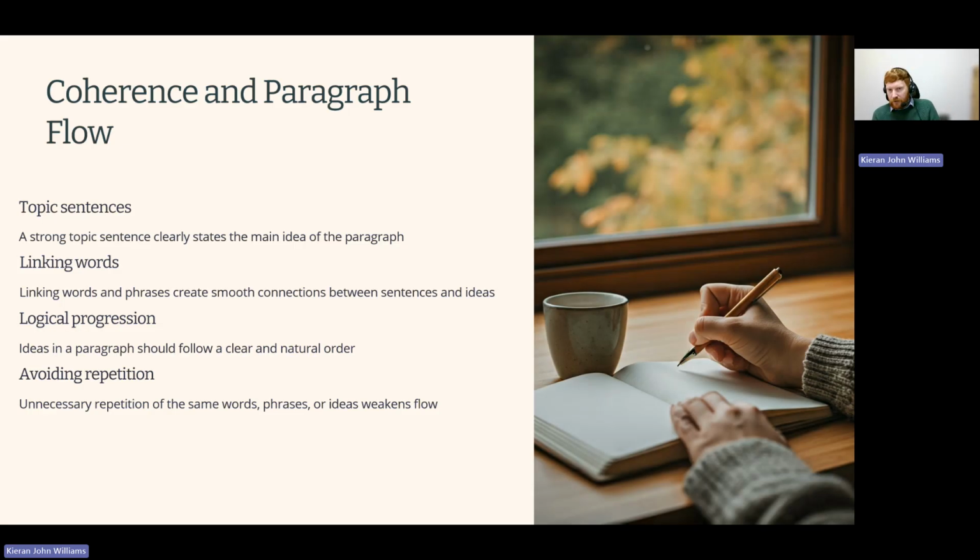So let's begin at the start. A strong topic sentence is one that clearly states the main idea of the paragraph and acts as a roadmap. It helps the reader to immediately understand what the paragraph will discuss and how it connects to the much wider, bigger overall argument.